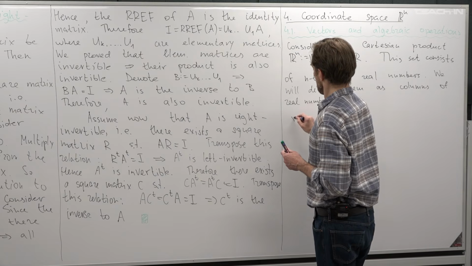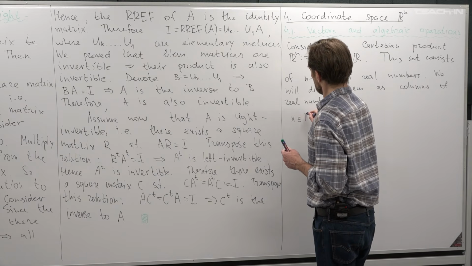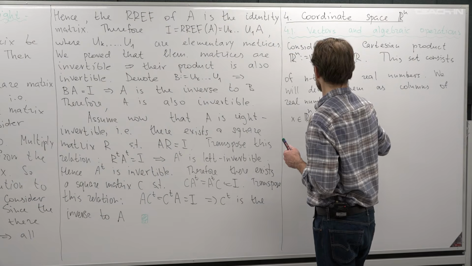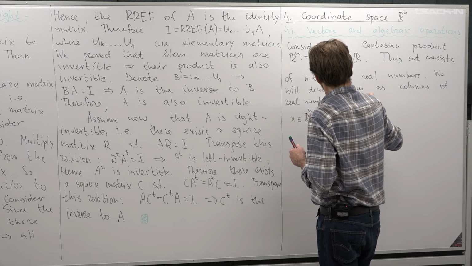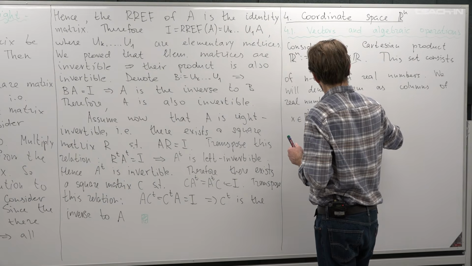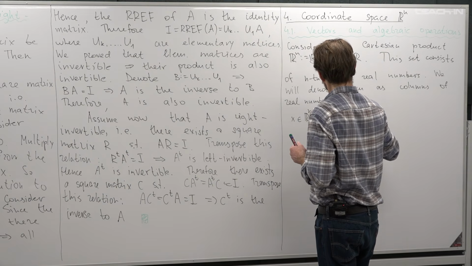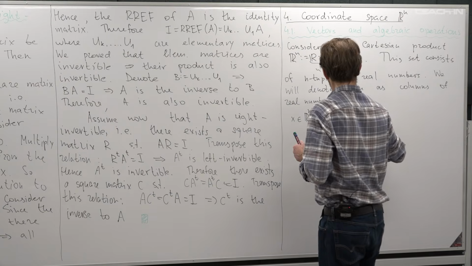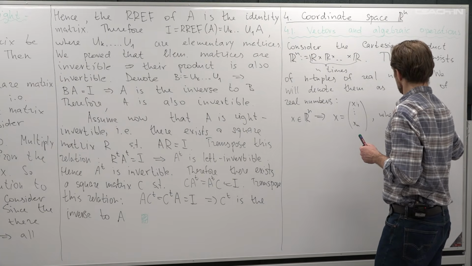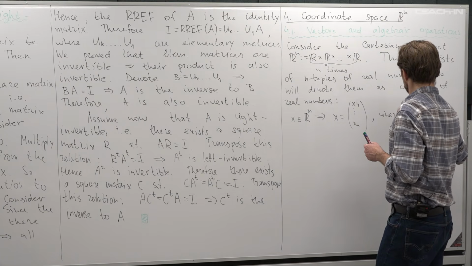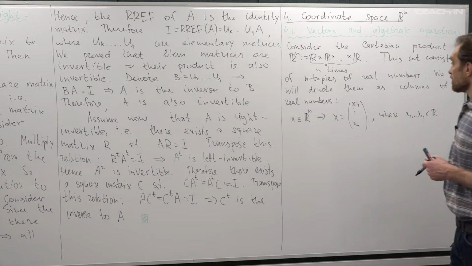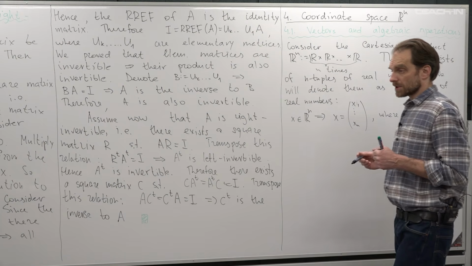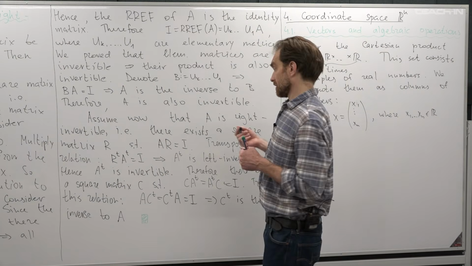So take an element from Rn, so x is just an n tuple of real numbers x sub 1, etc., x sub n, where x1, etc., xn are real numbers. So these n tuples are just n by 1 matrices.